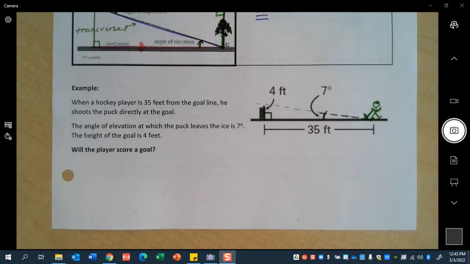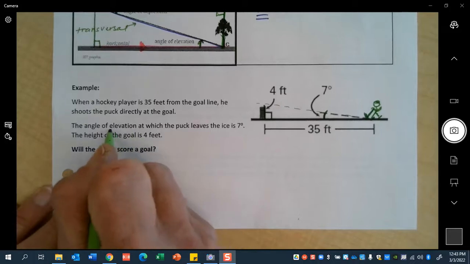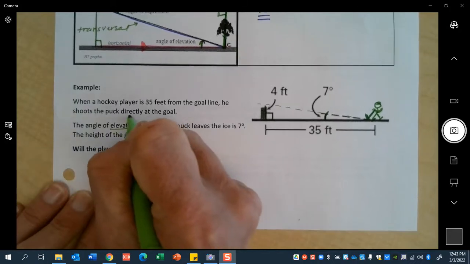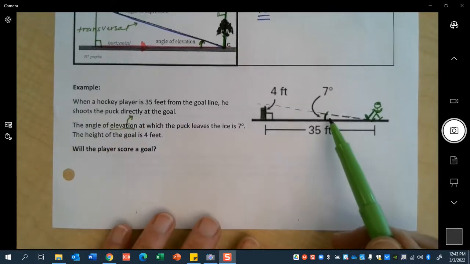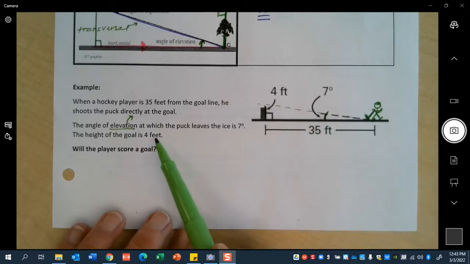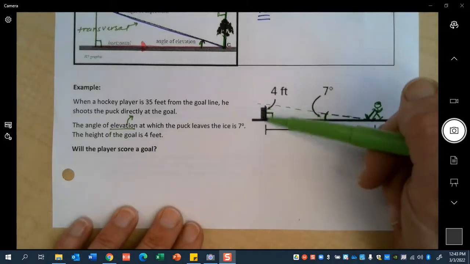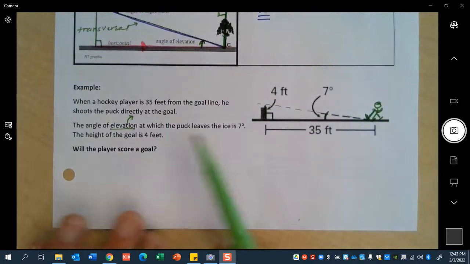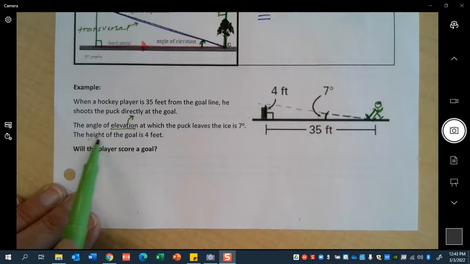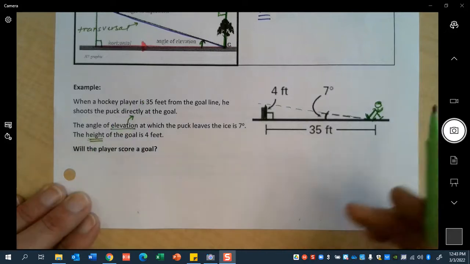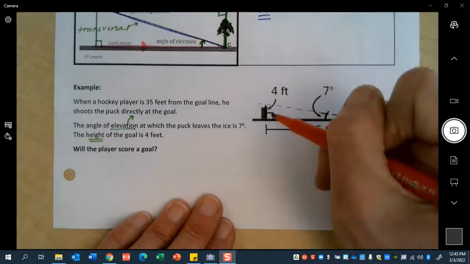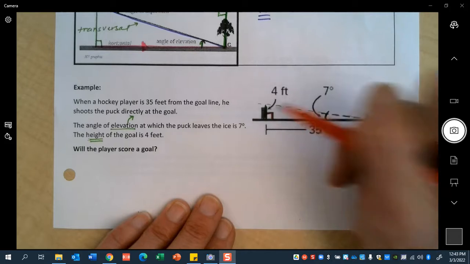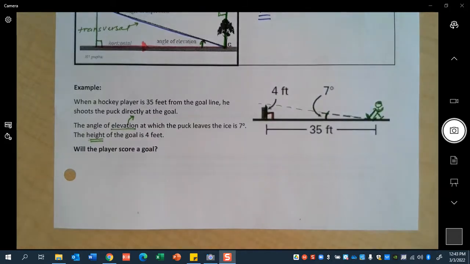The angle of elevation, here's our elevation, elevation is up, at which the puck leaves the ice, is 7 degrees. The height of the goal, here's the goal, is 4 feet. Now they gave us the word height here, so we're going to assume that this is that right angle. So if you're curious about what this box is, that's that right angle. And they want to know, will the player score a goal?